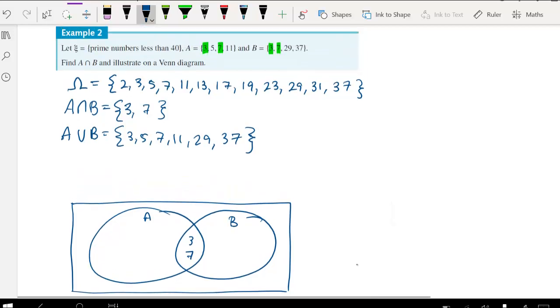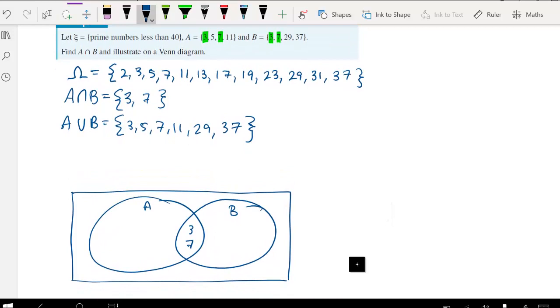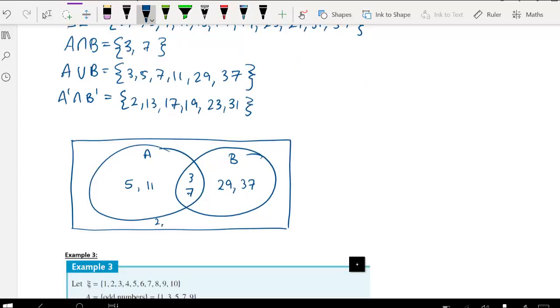The values in A that don't exist in B are 5 and 11, and the values in B that don't exist in A are 29 and 37, which means we've got quite a few left over that are not A and not B. So we have 2, 13, 17, 19, 23, 31. And so these ones go down here. We've got 2, 13, 17, 19, 23, and 31.